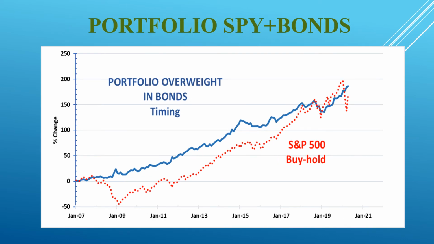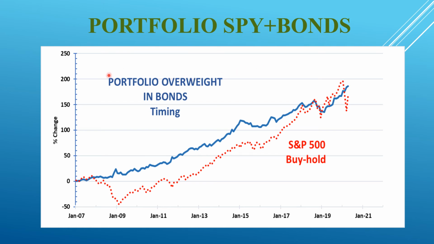The next thing that I did is, okay, let's add to an average portfolio like SPY, which does particularly well during this rising phase of the business cycle, a defensive portion given by bonds, long-term bonds, treasuries.